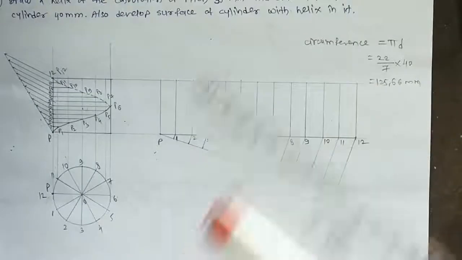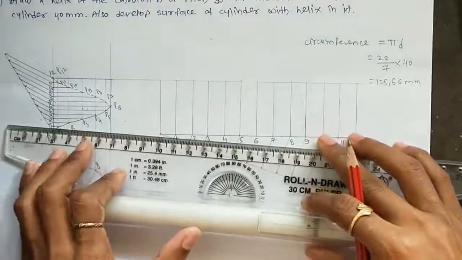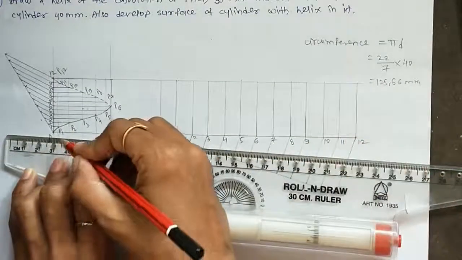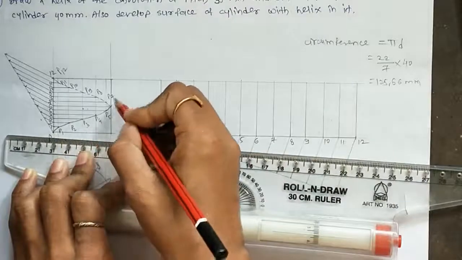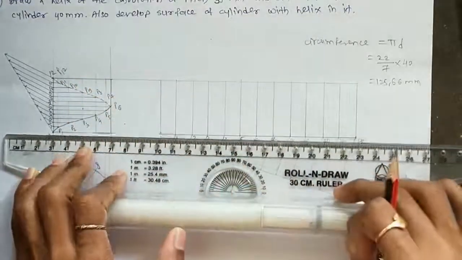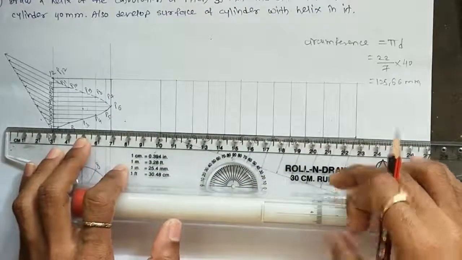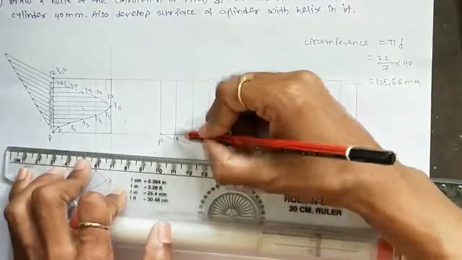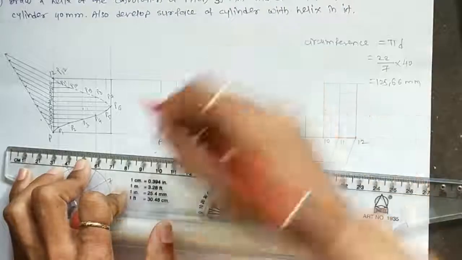Now take horizontal lines from points P1, P2, P3 up to P12 from the front view and join this line up to the vertical line from point 1.